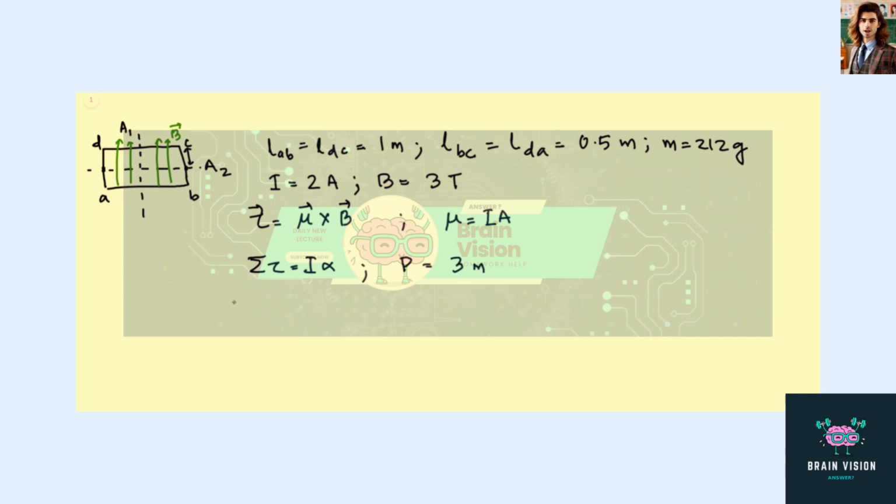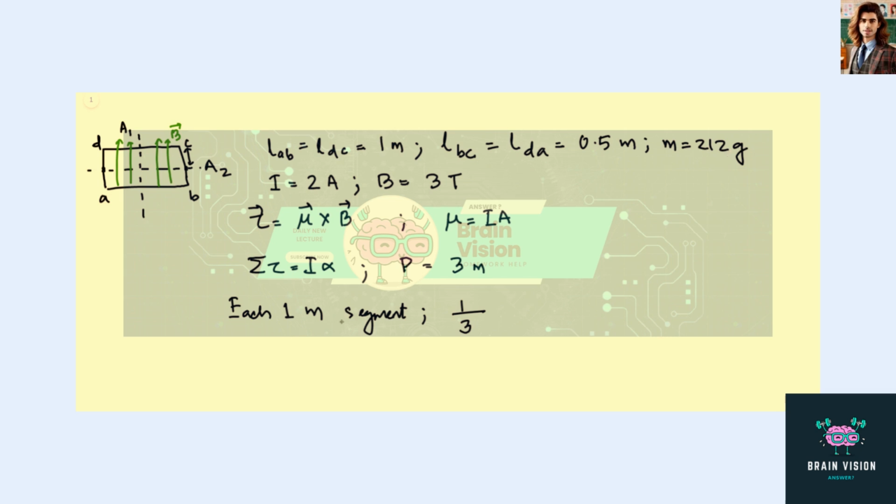So each 1 meter segment will have a mass of one third of the total mass. One comes from the length of the segment, three is the total perimeter. This much perimeter, this is the total length, contains this much mass.